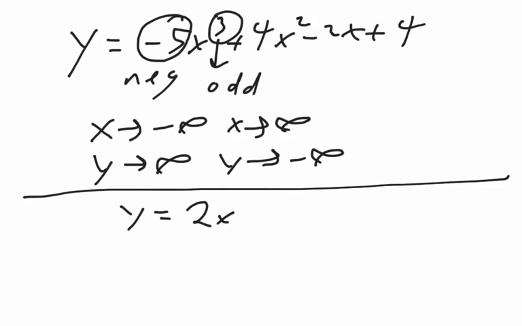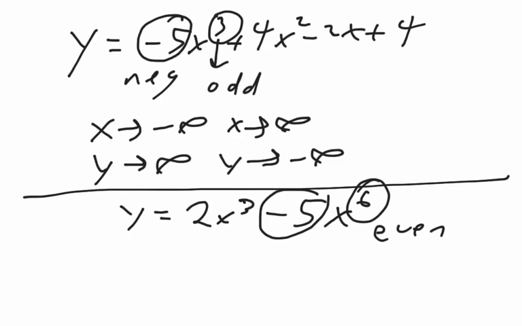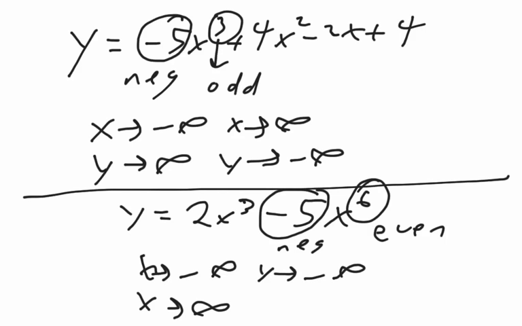And just for the sake of argument, for this next problem, which is not on your graph, that's even, and that's higher than 3, and this is negative. So both on the left side we go down, and on the right side we go down.